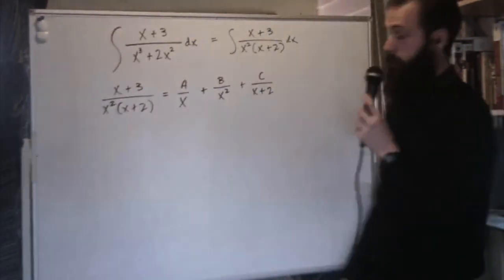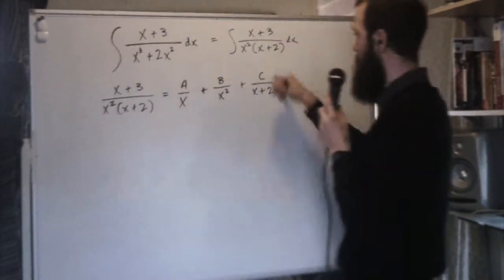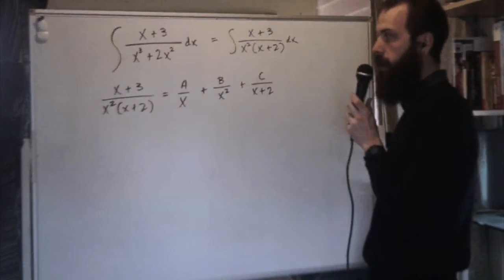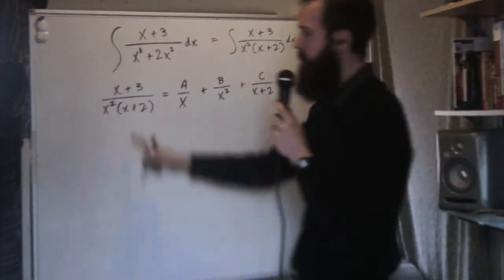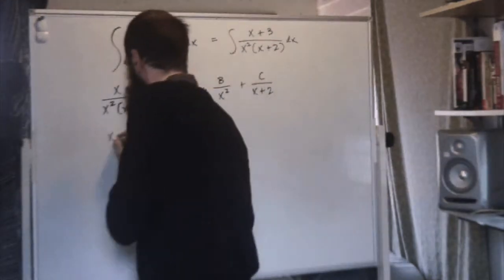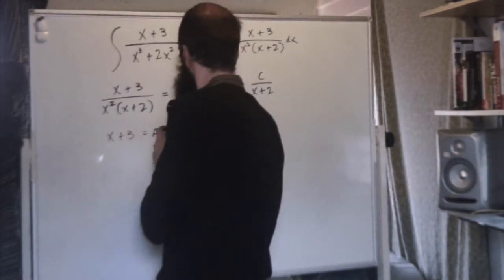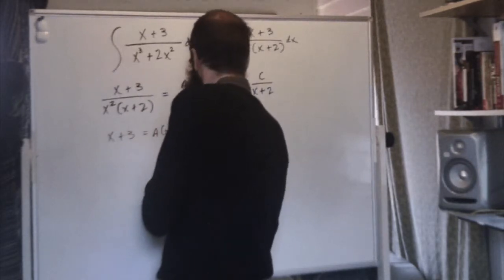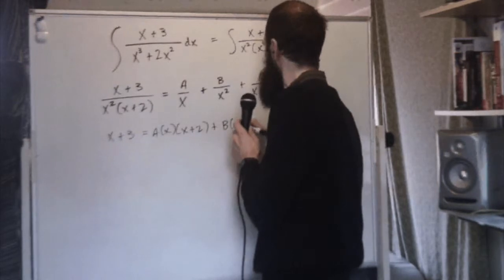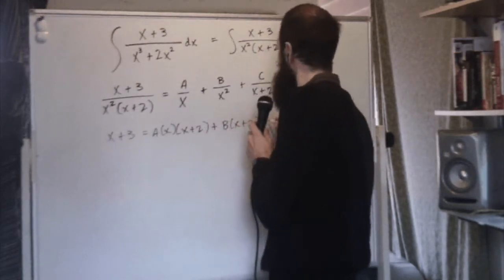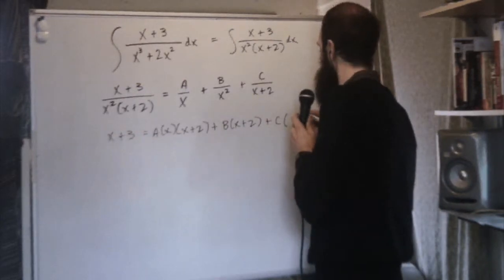From here, it looks pretty similar to the last one. So we will start solving for our variables by multiplying through by our common denominator, leaving x plus 3 equals a times x plus 2 plus b times x plus 2 plus c times x squared.